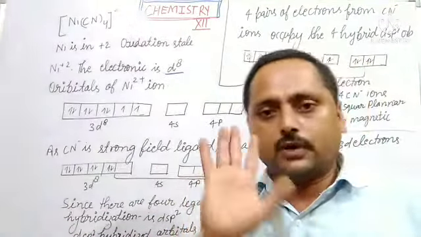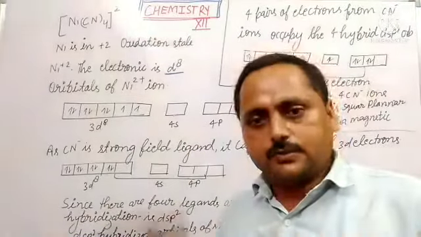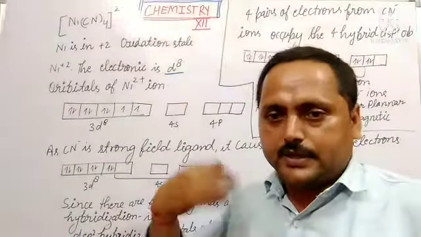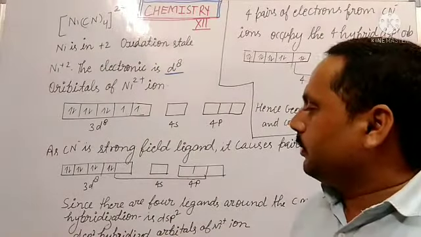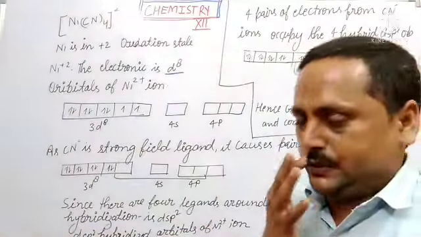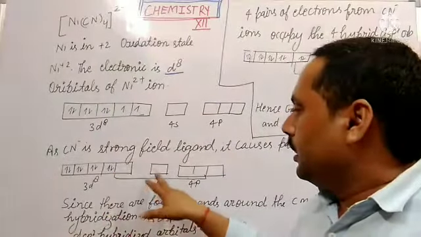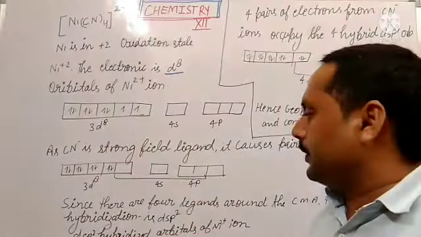It will use only 4 orbitals because the coordination number is 4 and the central metal ion is surrounded by 4 ligands. So it will use 1 from d, 1 from s and 2 from p.